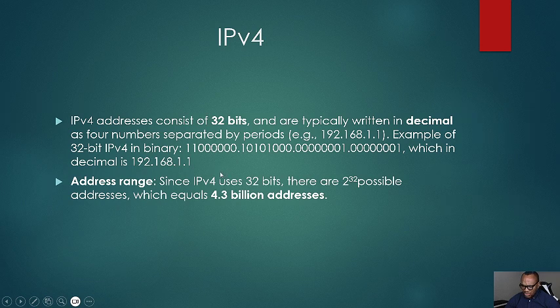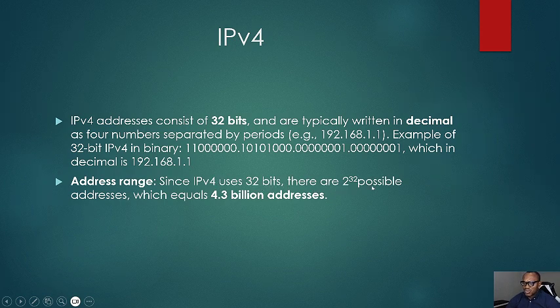So IPv4 uses 32 bits, from this particular bit to this last bit. This is 8 bits, another 8 bits, another 8 bits, another 8 bits. If you add them together, that gives us 32 bits. So it uses 32 bits.